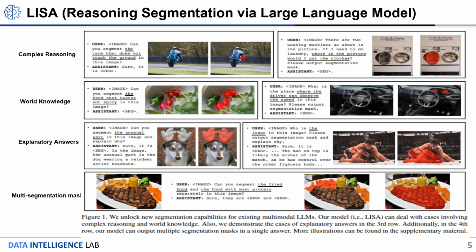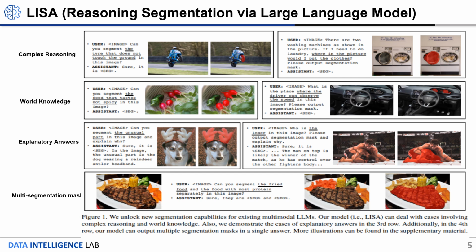Now, if you're looking at the last example, the bottom part, this example asks to segment two different things based on properties. One is the fried food and the other is the food with the most protein. Now, LISA successfully output two separate tokens and corresponding masks in a single answer, demonstrating its ability to handle multiple targets.